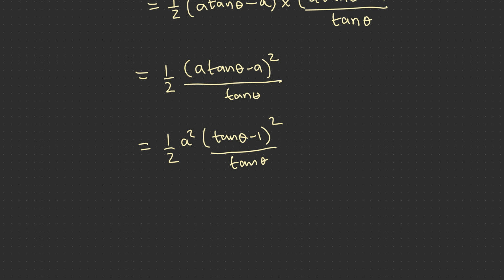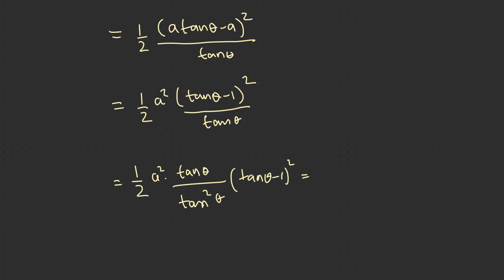I can multiply it over tan square theta. So I can say half A square times tan theta over tan square theta times tan theta minus 1 whole square.